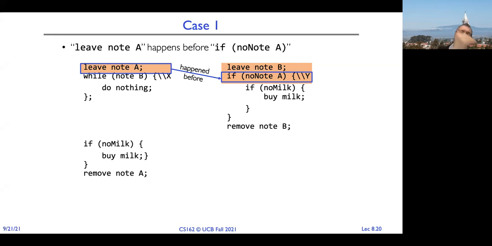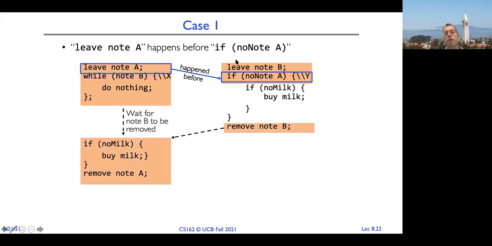So if leave note A happens before no note A is checked by the second thread, then it's obvious that thread B will not buy milk because there is a note A, and it's also obvious, at least for now, that thread A will wait because there is a note B. Now at this point, thread B sees there is a note A, so we skip buying milk and go all the way and remove the note B without buying milk.